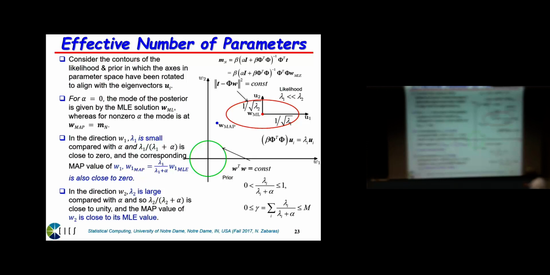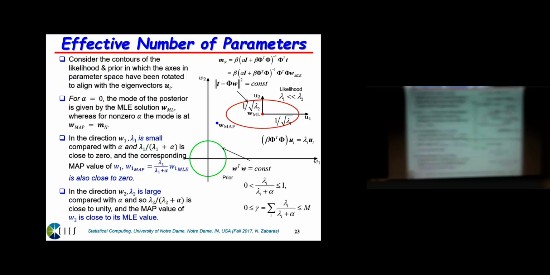It goes to 0, which means the MAP estimate is equal to 0. Effectively, for the small eigenvalues, the data cannot tell you what W is, because W doesn't play any role in explaining the data. So the prior comes and pushes that MAP estimate to 0.